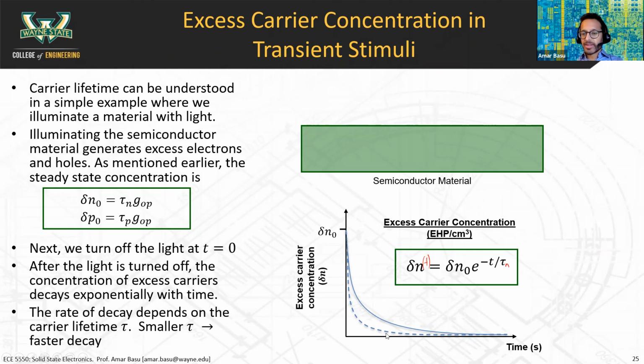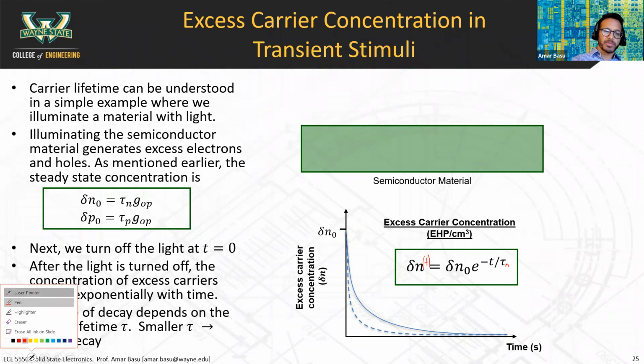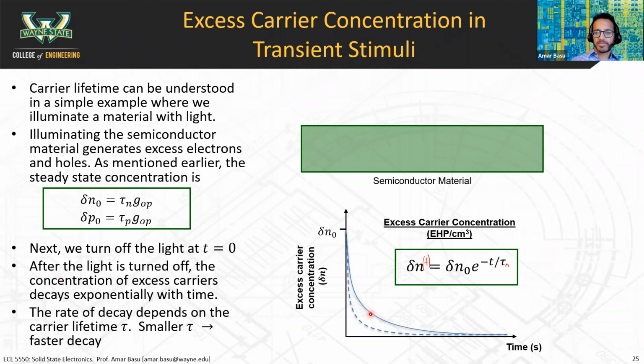The dotted line here, does this have a larger or smaller τ sub n compared to the non-dotted line, the solid line, I should say? So that's the question for the class. Comparing the solid line and the dotted line, which one has a larger carrier lifetime?